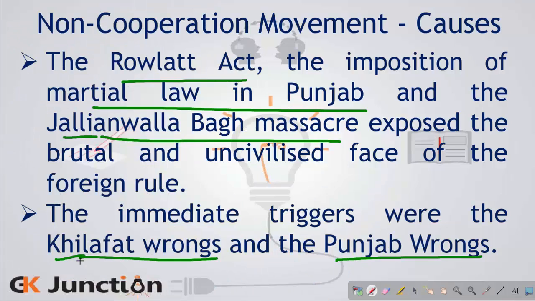So people in India also asked the Britishers to rectify these wrongs, the Khilafat wrongs, and hence these two reasons, that is the Punjab wrongs and the Khilafat wrongs, led to the non-cooperation movement.